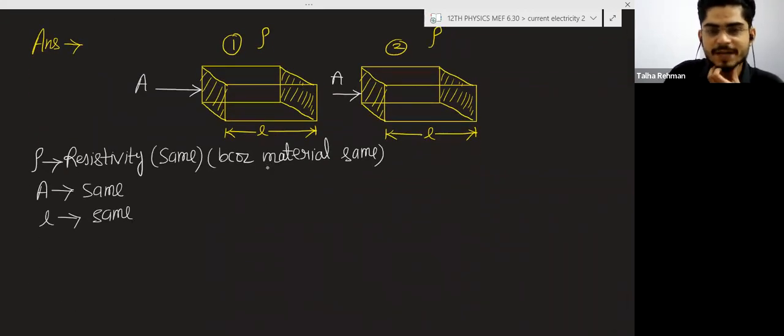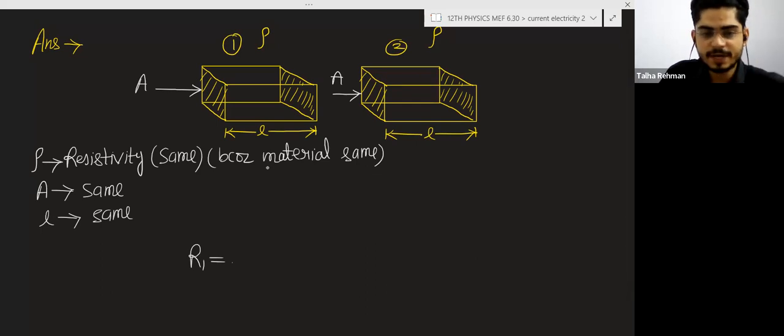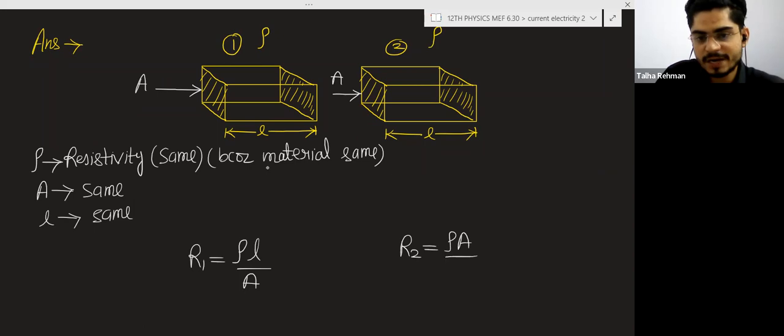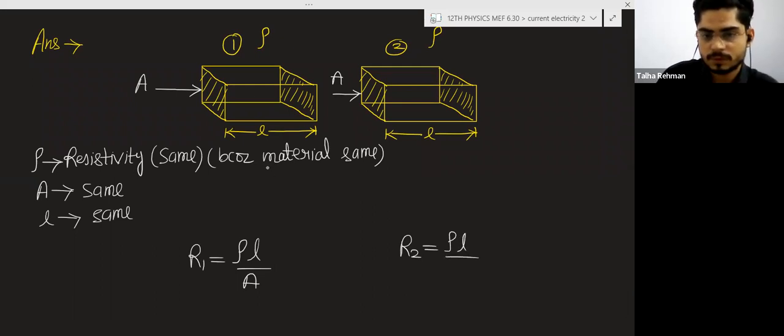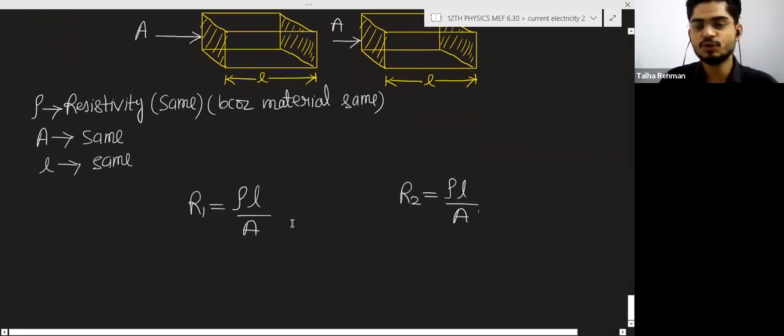So if you want to find the resistance of this slab 1, R1, then we have a formula of resistance in terms of rho L divided by A. And if you want to find R2, then again you will have rho L divided by A. Means both the resistances R1 and R2 are same.